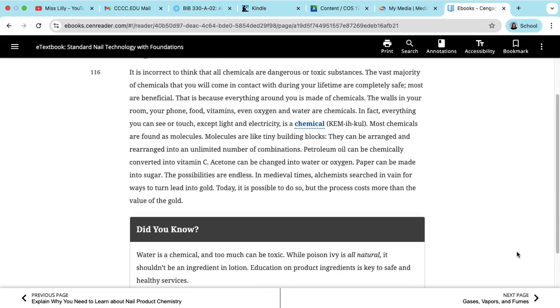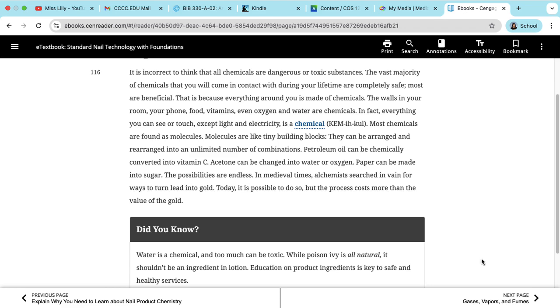Most are beneficial. That is because everything around you is made of chemicals. The walls in your room, your phone, food, vitamins, even oxygen and water are chemicals. In fact, everything you can see or touch, except light and electricity, is a chemical.